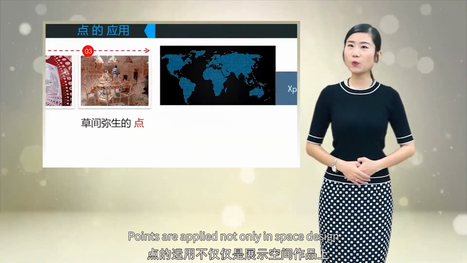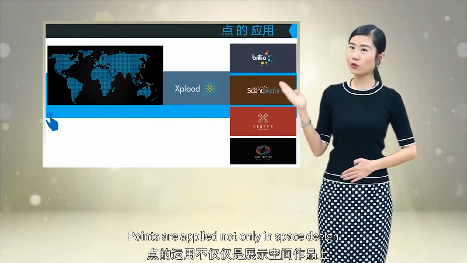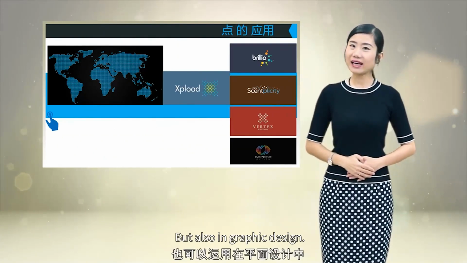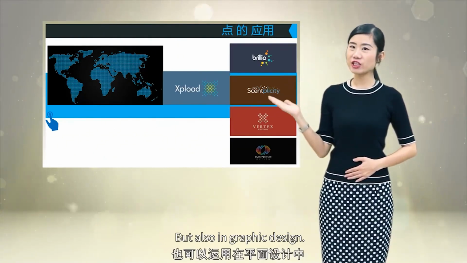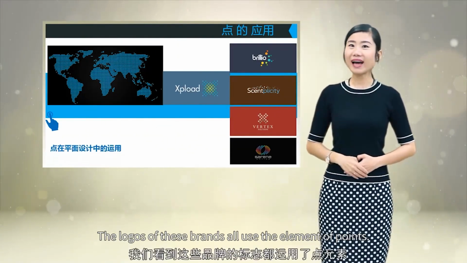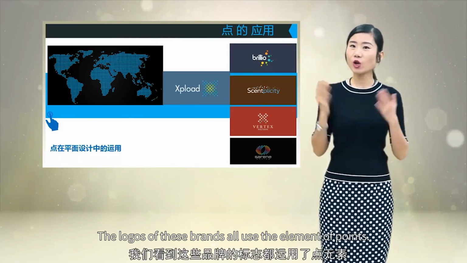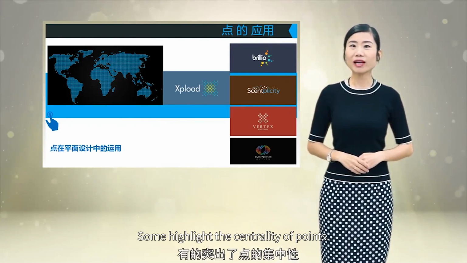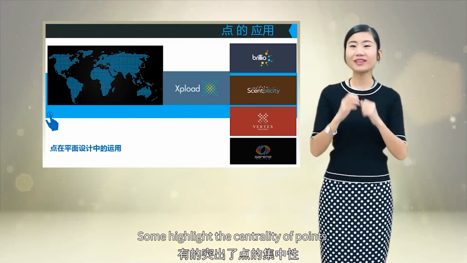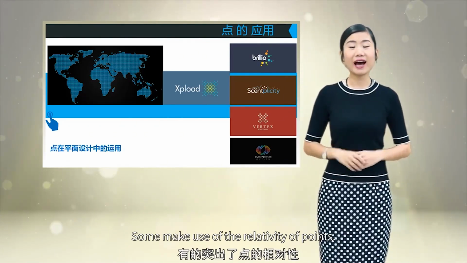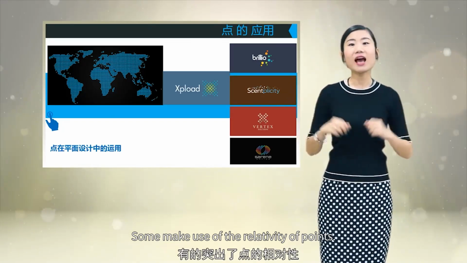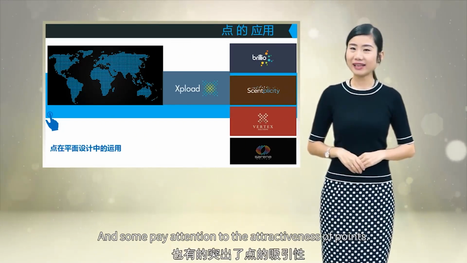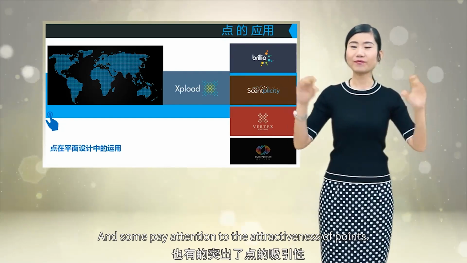Points are applied not only in space design, but also in graphic design. The logos of these brands all use the element of points. Some highlight the centrality of points. Some make use of the relativity of points. And some pay attention to the attractiveness of points.